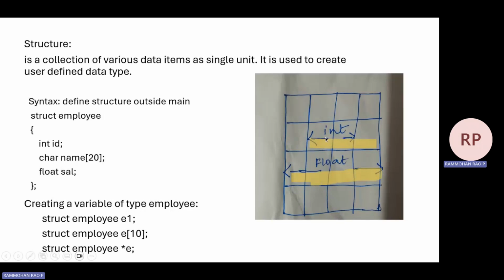Imagine the operating system has allotted these 2 bytes. See these arrows where I have written int. The operating system has allotted these 2 bytes for the first member of the structure, the integer. Imagine I don't have any other member, I have only int and one more float type.